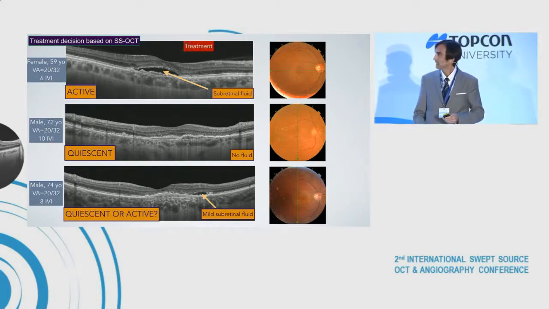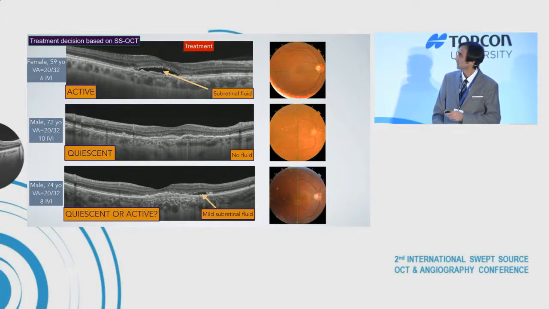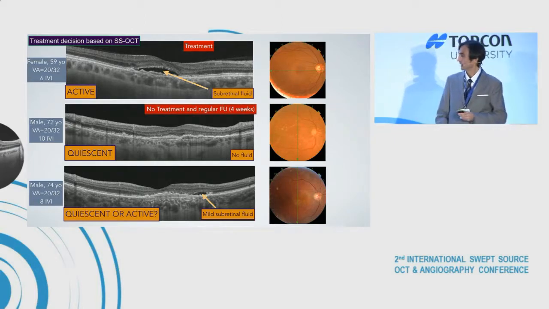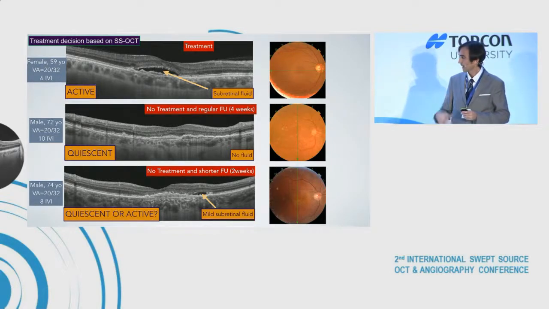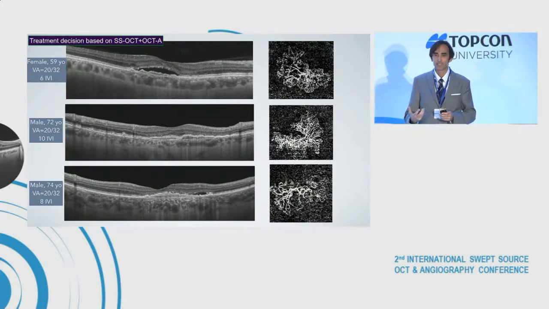Now, based on that, the first case should be treated. In the second case, no treatment and perhaps a regular follow-up could be considered. And in the third case, no treatment and perhaps a shorter follow-up due to the presence of this mild subretinal fluid. Now let's move forward and add the information provided by OCT angiography.